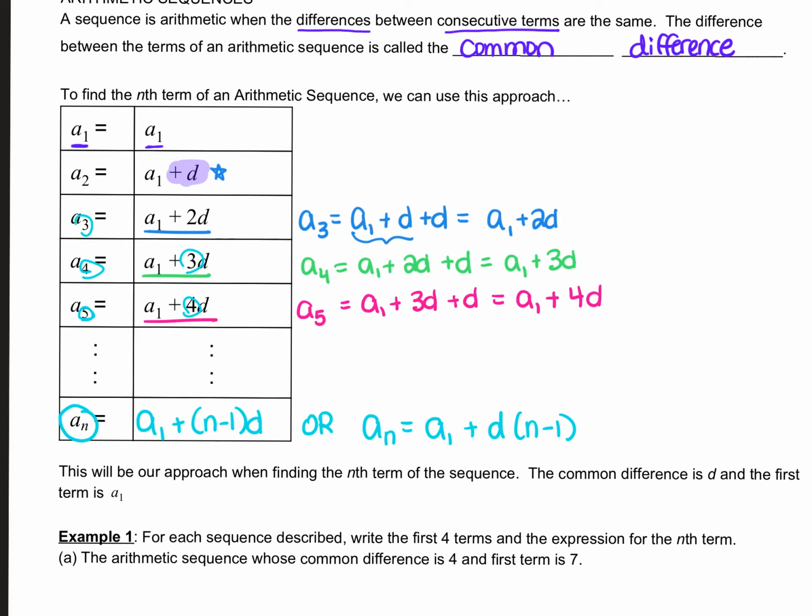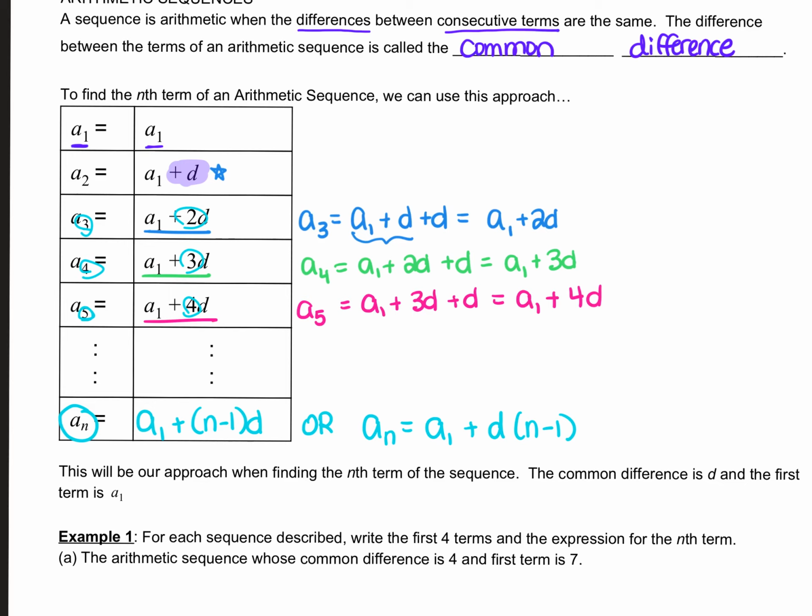For the third term, we added d twice, and so on. So the number of times we add d is 1 less than the term we're trying to find. That translates to a sub 1 plus n minus 1 times d. You can write it this way, or a lot of times you'll see it written with d out in front.